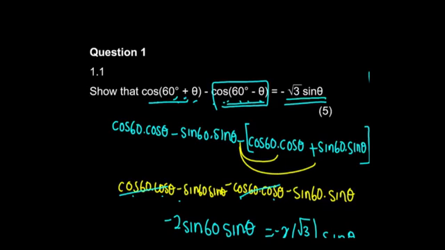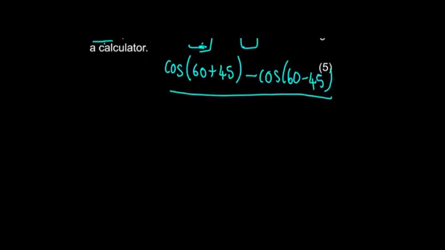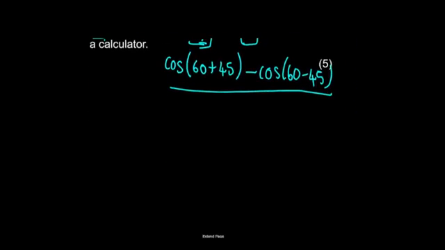So if I use what I've just proved there, I can say, well, this whole thing, cos 60 plus 45 minus cos 60 minus 45 should give me negative root 3 sine of theta. And in this case, theta as the placeholder was representing 45 degrees.